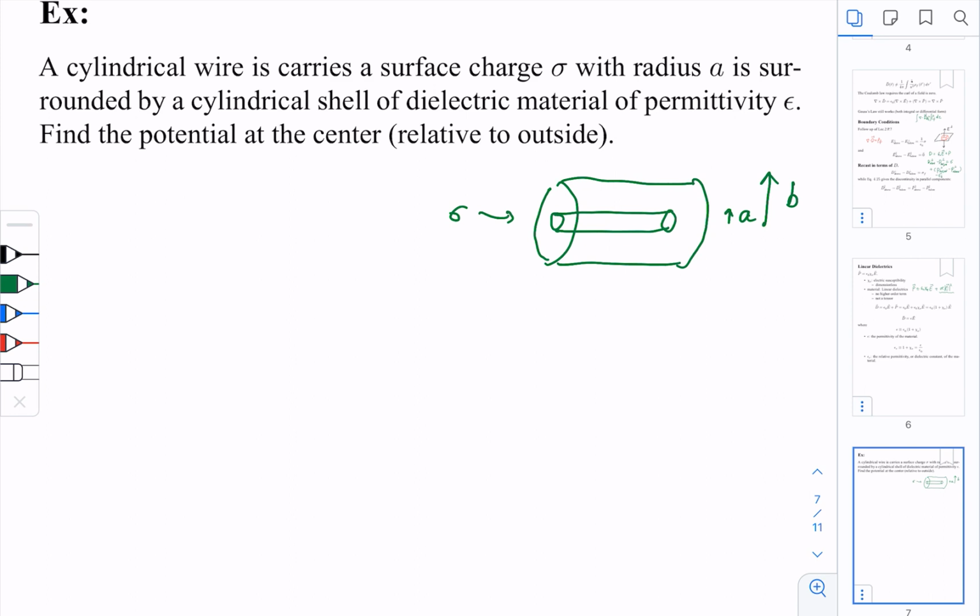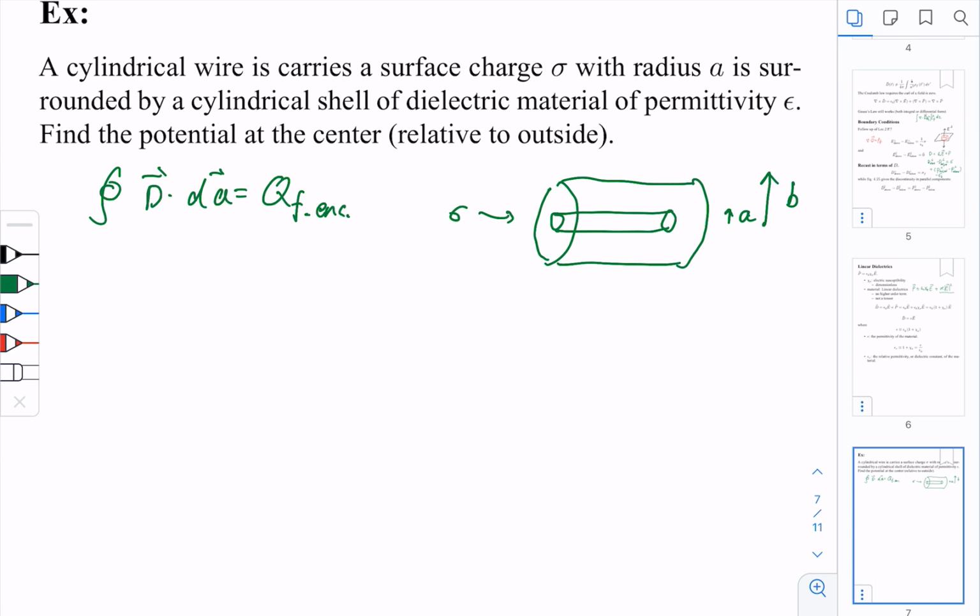Similar to the problem that we calculated before, we can still use Gauss's law. We can apply a Gaussian surface that is also in the shape of a cylinder, and integrate over this cylinder, so the D dot da must be equal to the free charge that's enclosed.